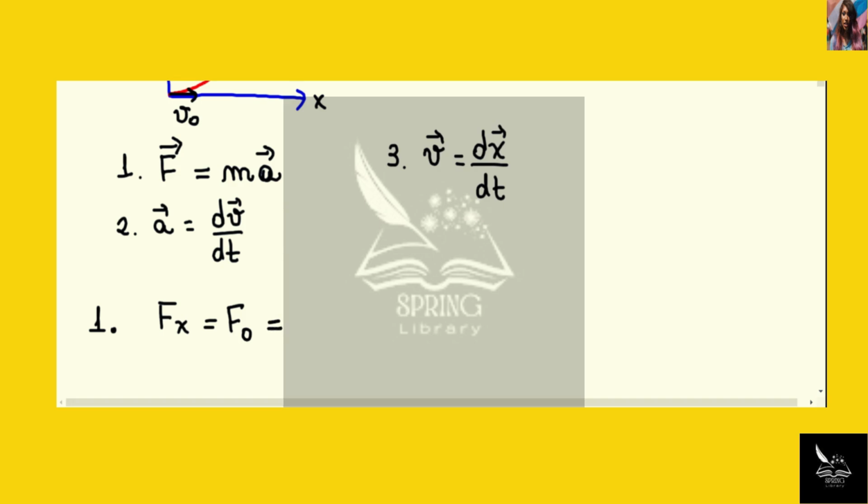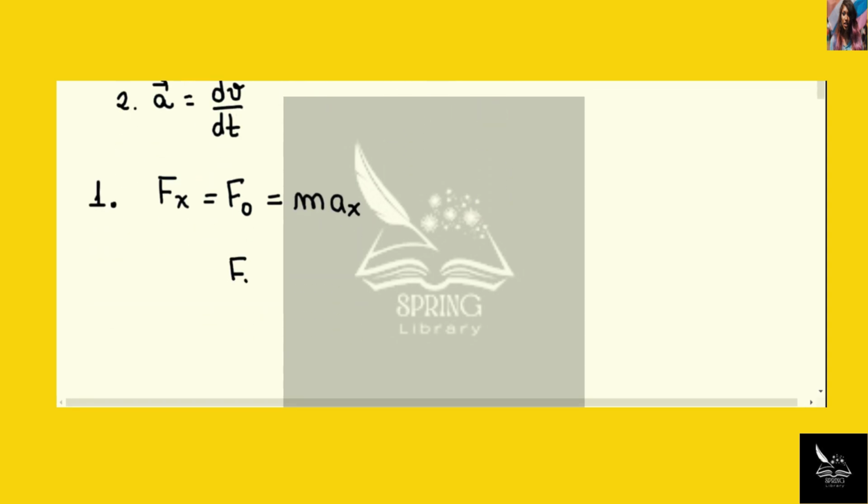Now notice that Fx is equal to the mass times the acceleration in the x direction, and the acceleration in the x direction is equal to the derivative of the x component of the velocity with respect to time. So we have F0 divided by m dt is equal to dvx.